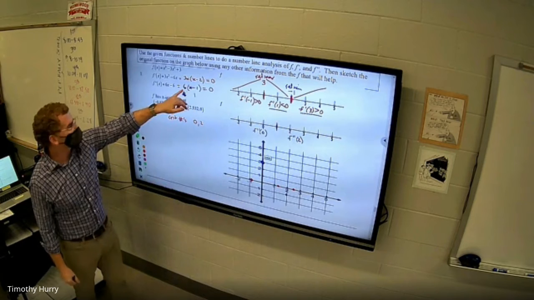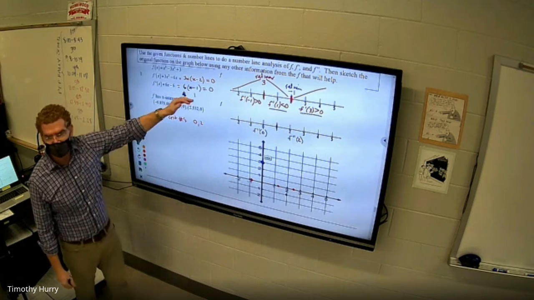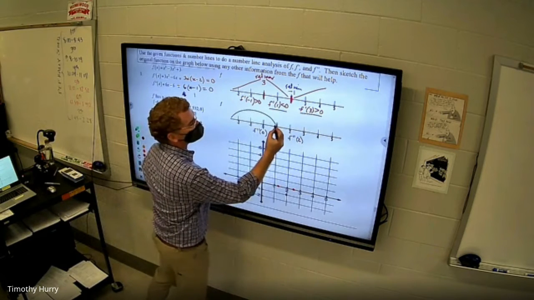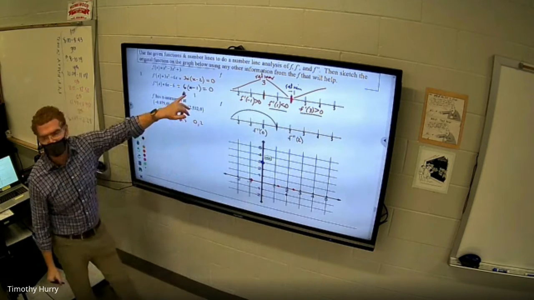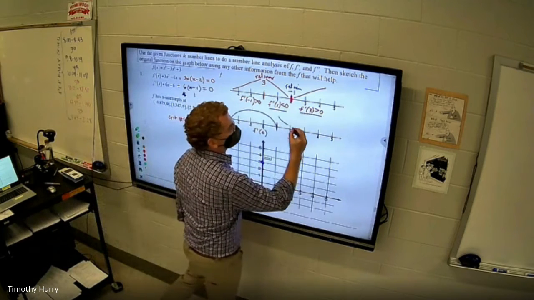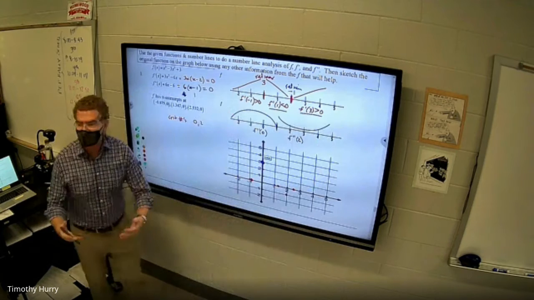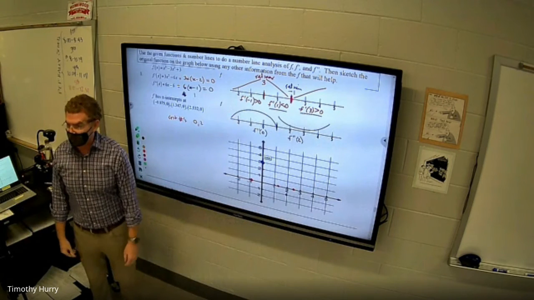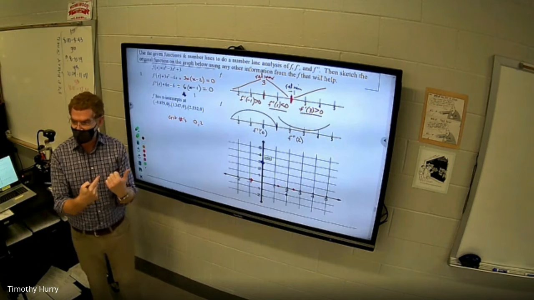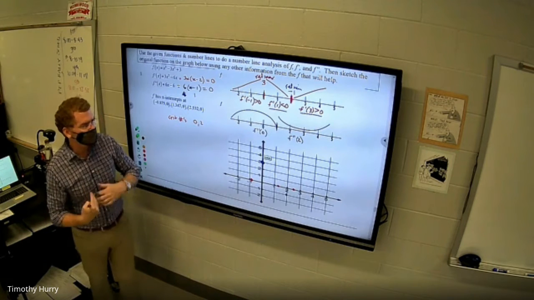I get a negative 6 either way, right? So that's concave down on that interval. And if I plug a 2 in there, I get a positive 6, and positive would mean I'm concave up on that interval. And clearly you can see there was a change of concavity. Therefore, you know there is an inflection point, but don't tell me the inflection point is 1.